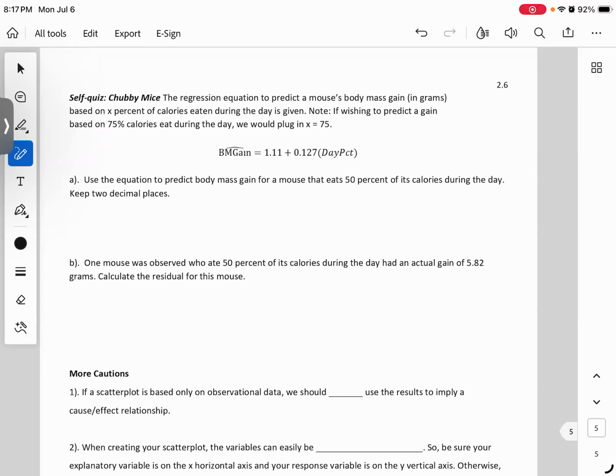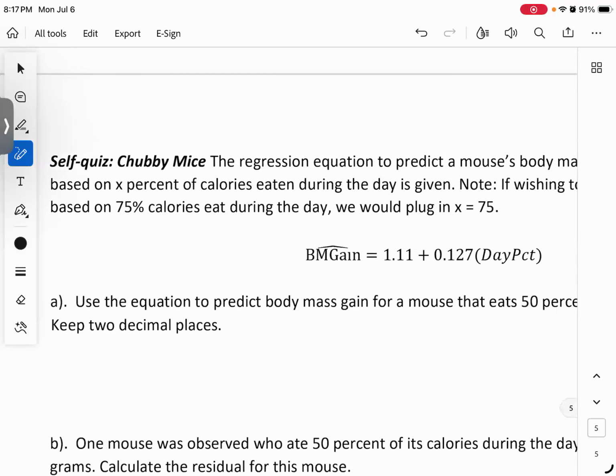You multiply the bill by 0.10. You turn it to a decimal. Now, for this example, it is dealing with plugging in percentages. And again, it was these mice who were eating a certain percentage of calories during the day, and you could use that to predict the amount of weight that they gained.